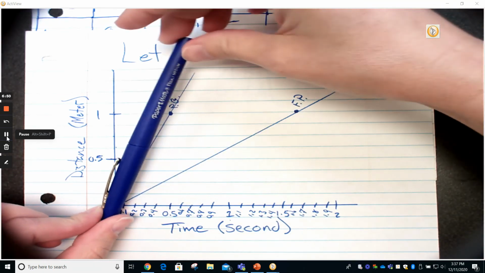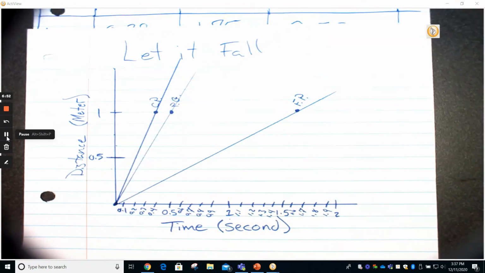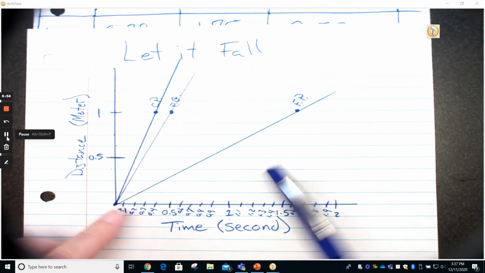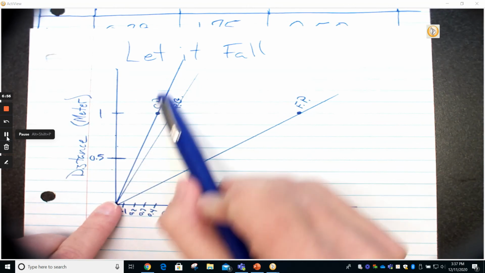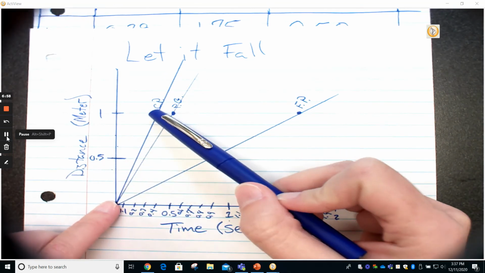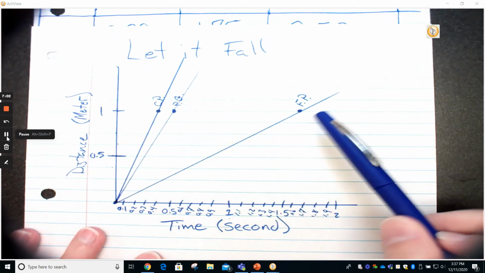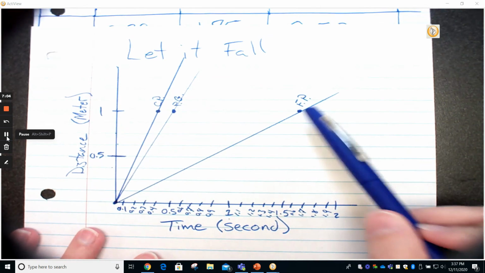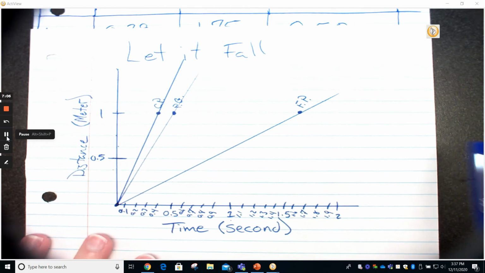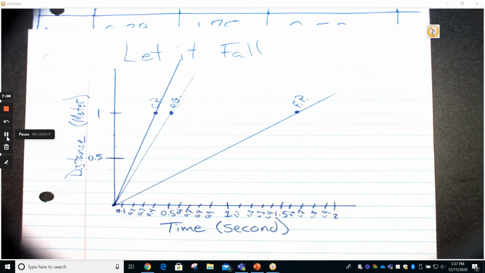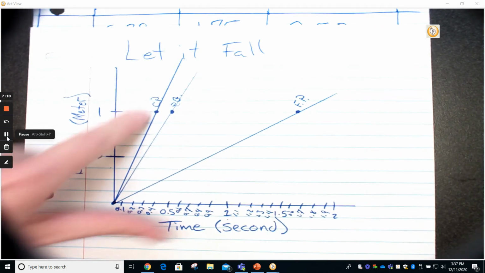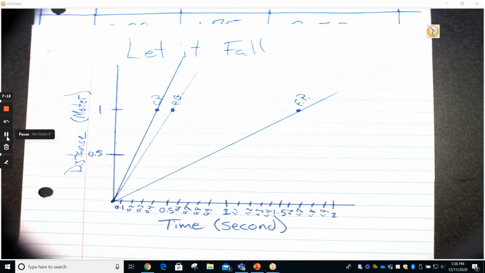So the steeper the line, the faster the speed, right? So of these three, we know that this line right here for the crumpled paper moved faster than the paper glider. It also moved faster than the flat paper when it fell. So the speed of that was faster, and we can tell that without doing any math, just by looking at the steepness of the lines.